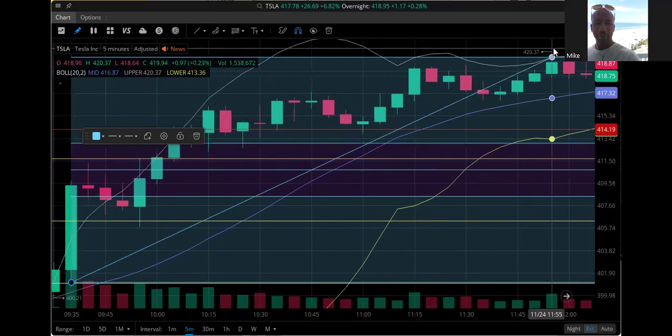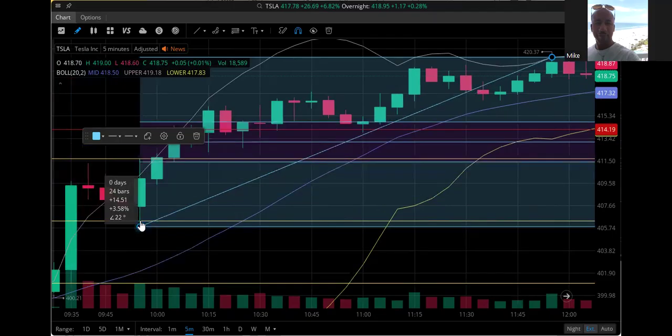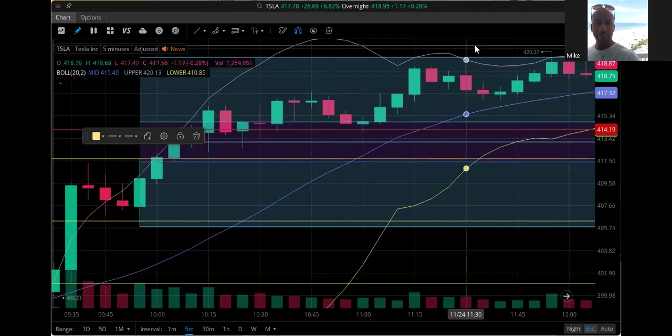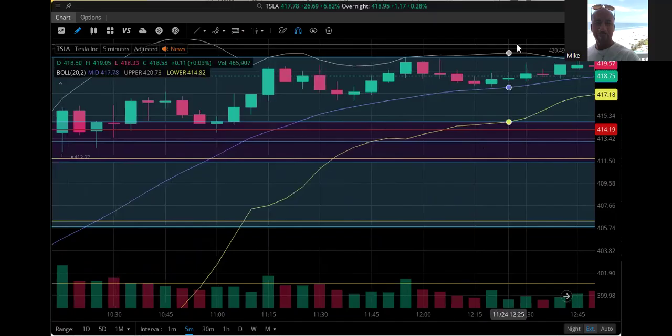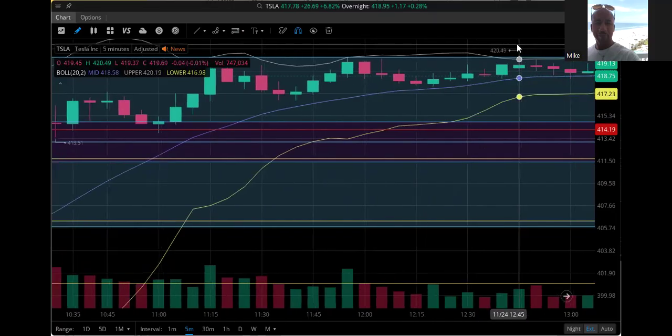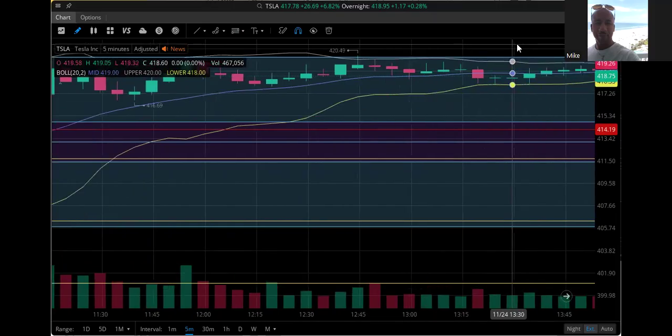I remember removing the bottom of this Fibonacci and moving it up. That's what I remember doing. So let me take that. I think I ended up moving it up like this. All right, so it's kind of messing around up here, messing around up here.